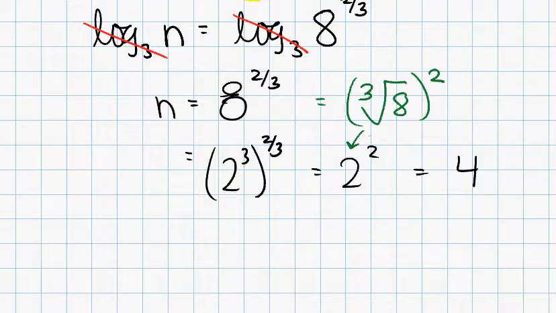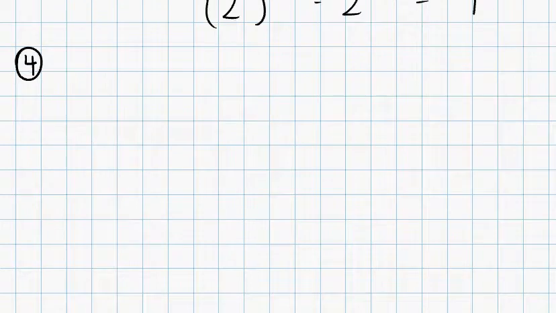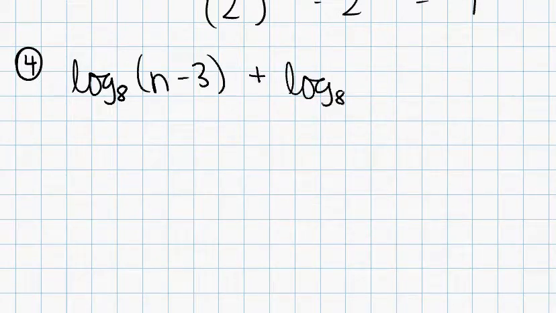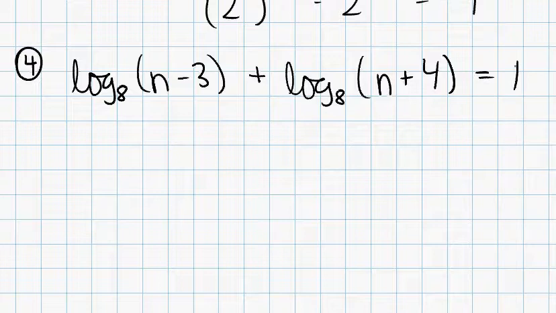All right, number 4. Number 4 is going to give you a quadratic. So log base 8 of n minus 3 plus log base 8 of n plus 4 equals 1. Addition tells you to multiply.